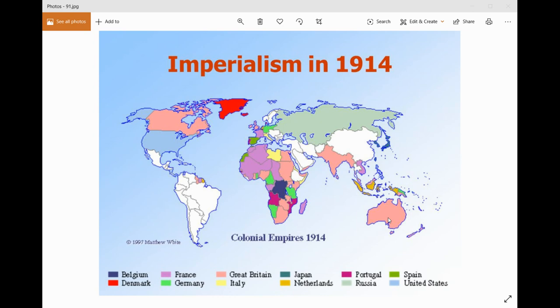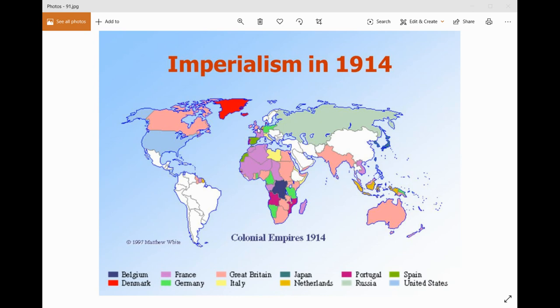Going hand in hand with that, we want the raw materials that are here. Look at England. We talked about this when we talked about exploration. England is tiny. When you look at England on the world scale, look at her. She's little. She needs more raw materials, especially considering the Industrial Revolution started there.